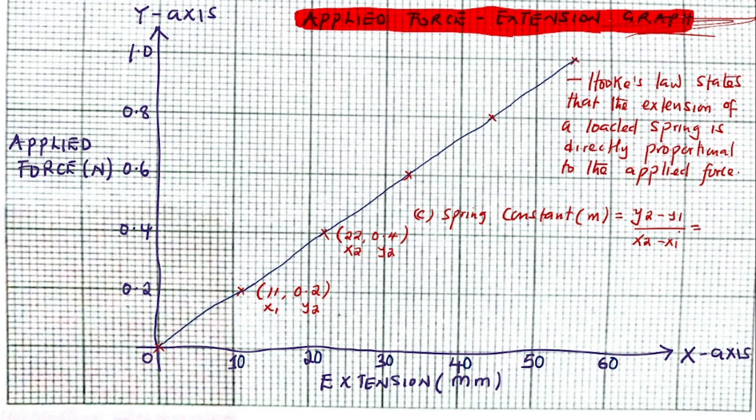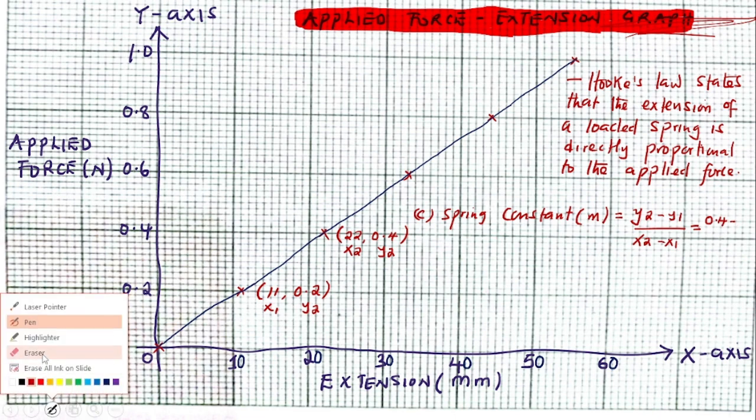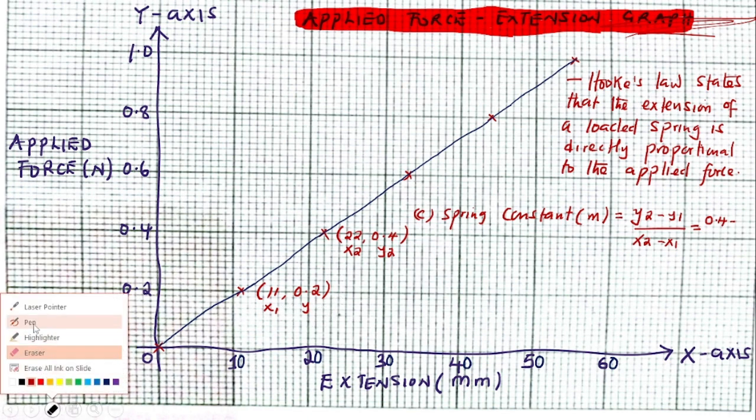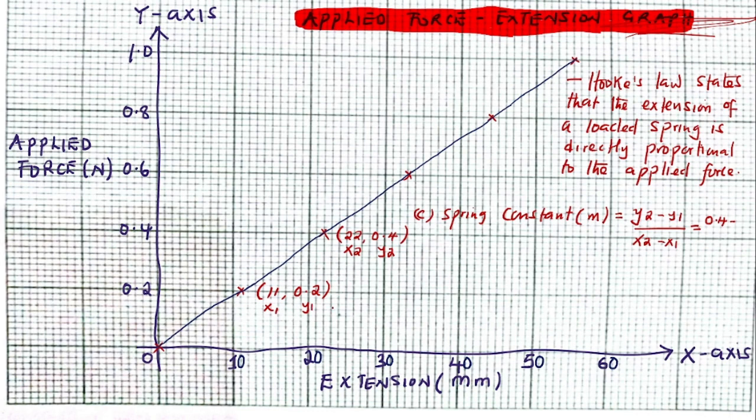So what is our y2? Our y2 is 0.4 minus, what is our y1? Our y1 is going to be 0.2, divided by x2, we got 22 there, minus x1, we got 11 there.